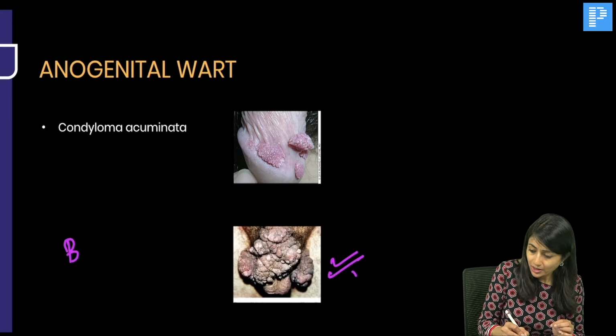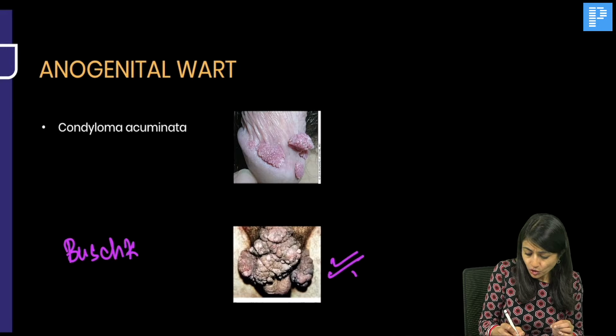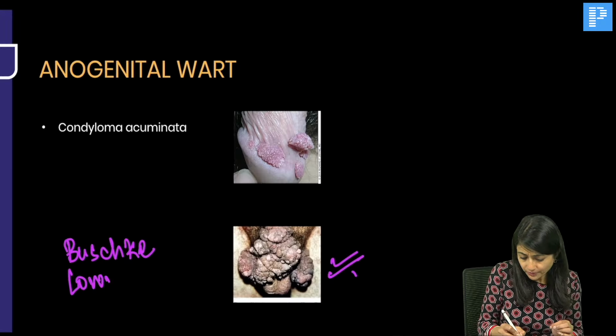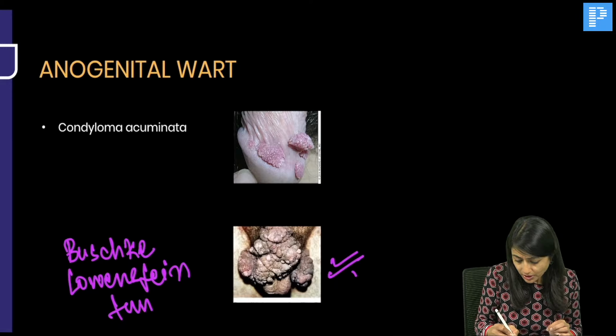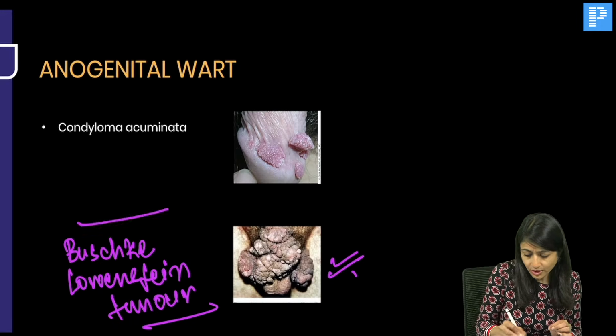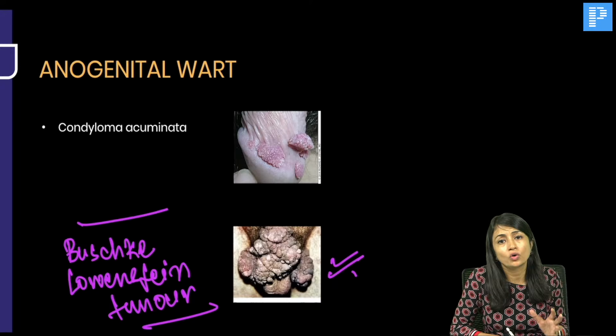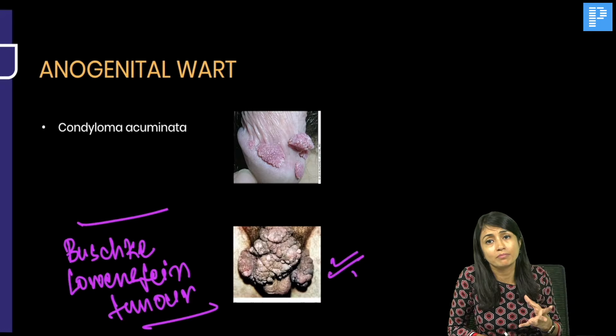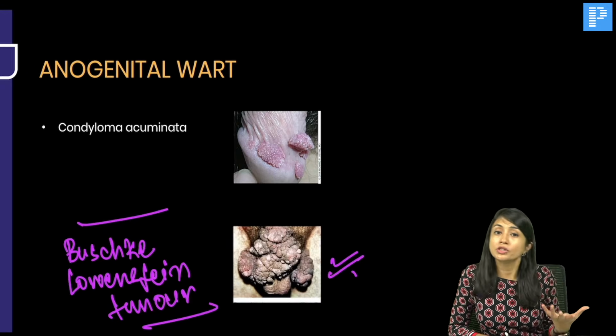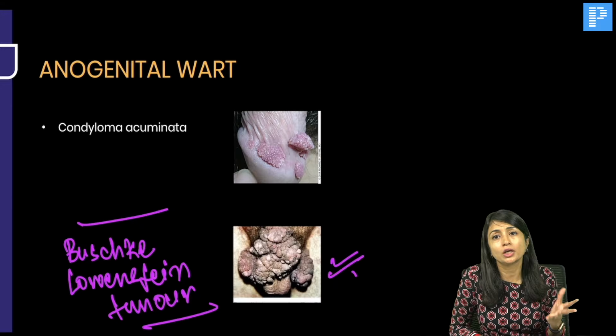It's called Buschke-Lowenstein tumor. Buschke-Lowenstein tumor is a type of anogenital wart which happens with high risk HPV, where you see a cauliflower-like mass hanging from the genital region. So, they give you this image and they ask you what it is. It is Buschke-Lowenstein tumor, right.